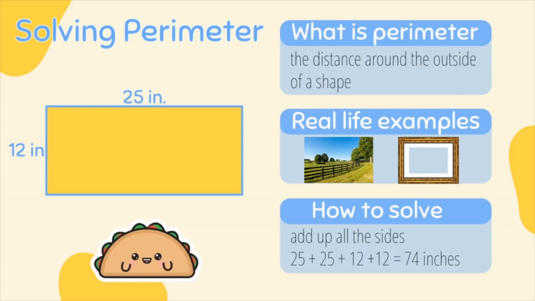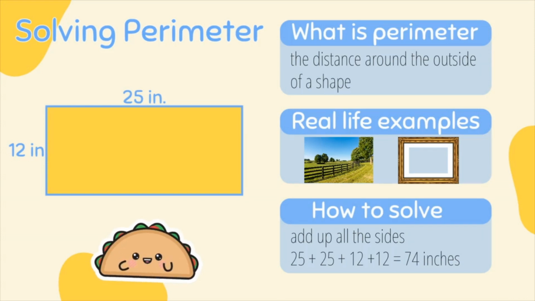And now, how do I solve this example? Well, first of all, I have to know, since it's the distance around something, it's all the sides. So to be able to figure that out, I have to add up all the sides. Now, this shape is a rectangle. So I have to use what I know about a rectangle. I know that in a rectangle, the top and bottom are the same, and then the two sides are also the same length.